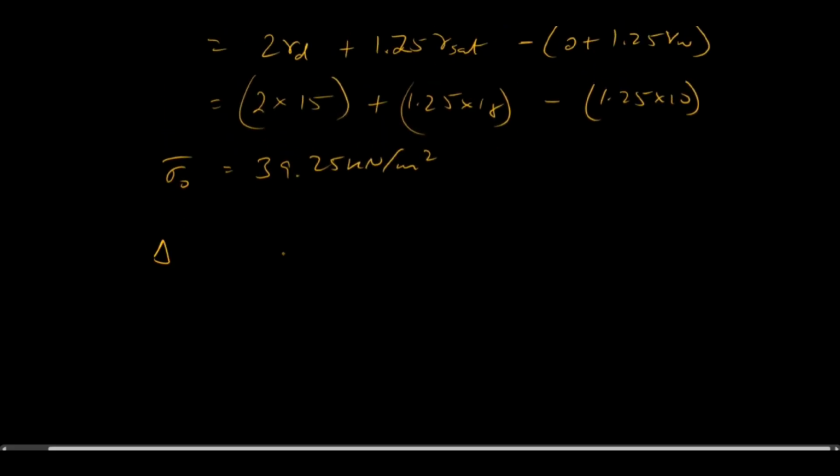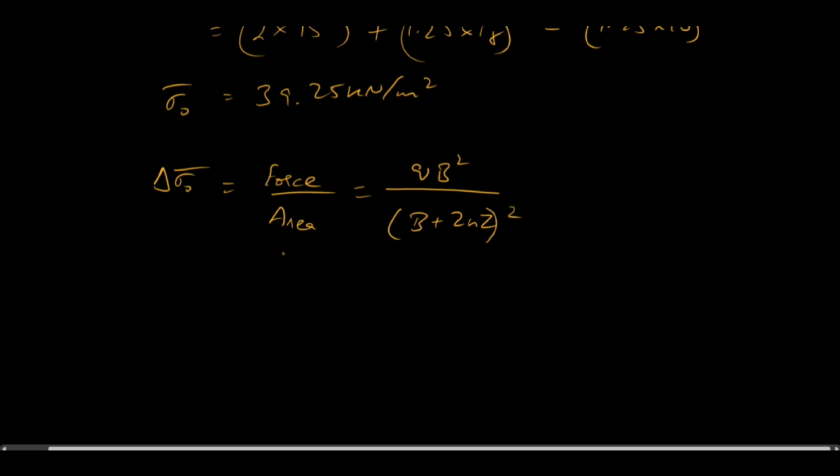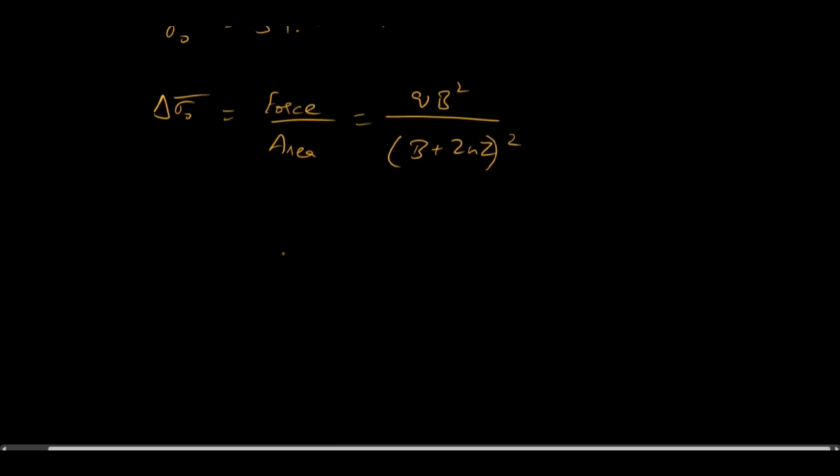So the change in effective stress, delta sigma naught dash, is force by area. There is an equation for this kind of problem: q B square divided by (B plus 2 n z) the whole square. This is the equation to find the change in effective stress from the load dispersion pattern.